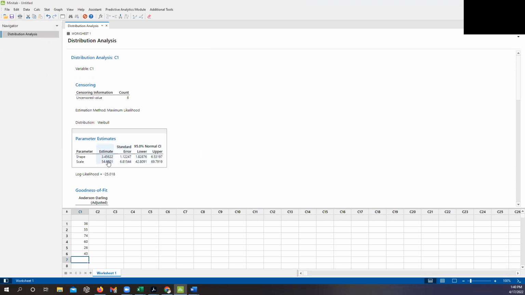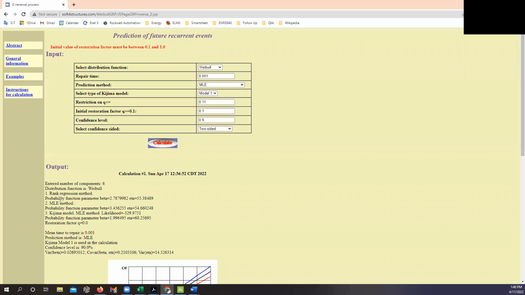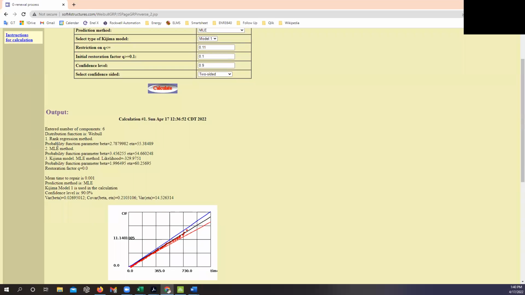It tells me I'm dealing with a Weibull distribution with a shape parameter 3.4 and scale parameter 54.6. That should tell me a lot about the system, right? Whether beta is larger than 1 or less than 1, all this information that you know. But here is something really interesting I noticed. When you look at the models that we just solved using the G-Renewal, the second point, MLE method, it has parameters beta equals 3.4 and eta equals 54.6.